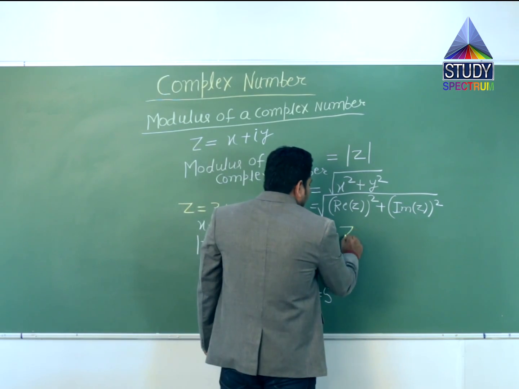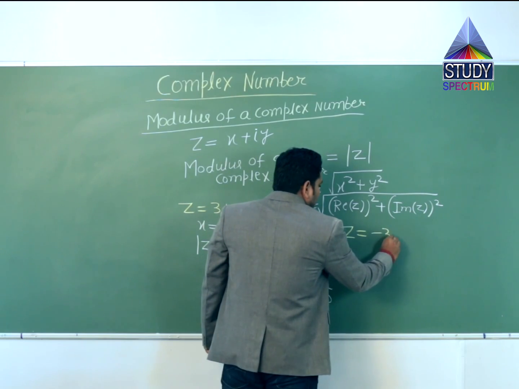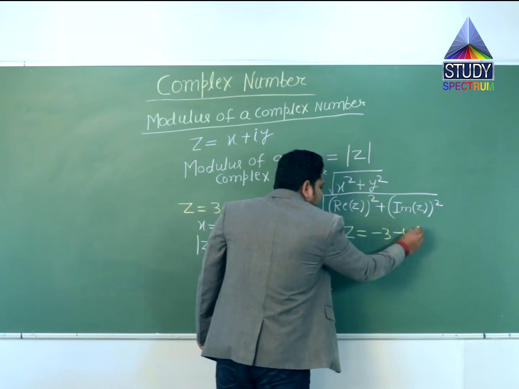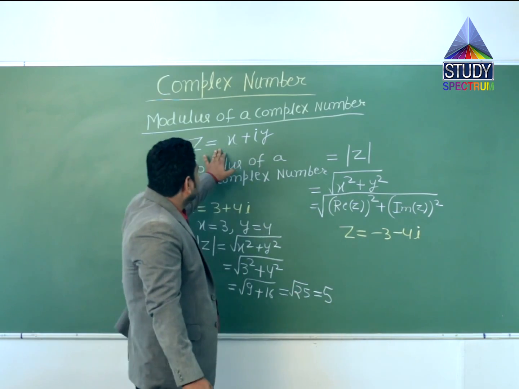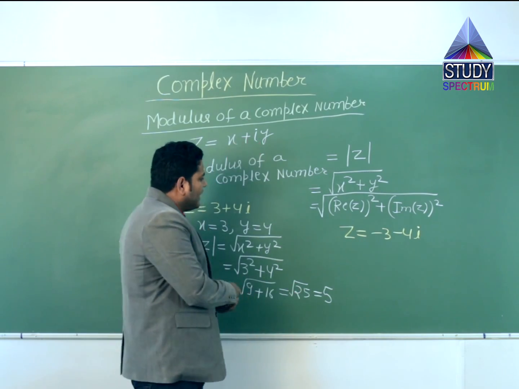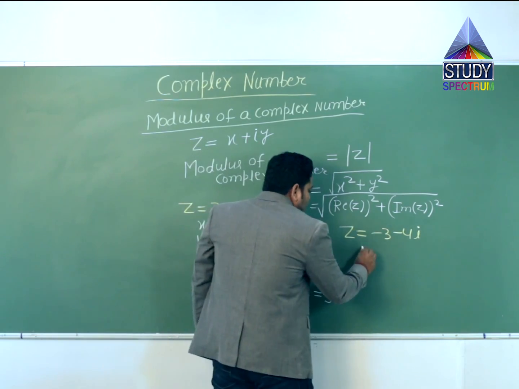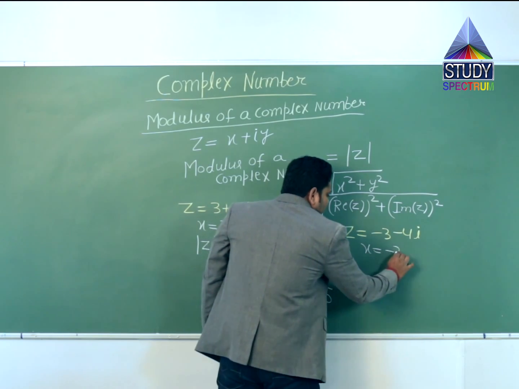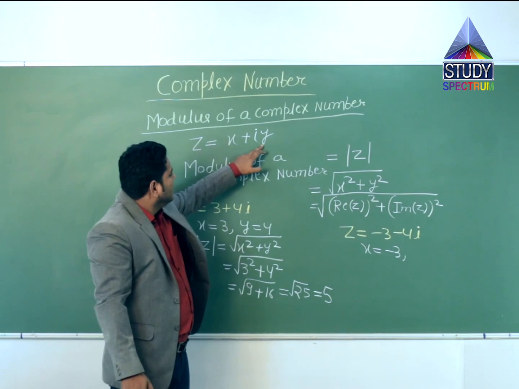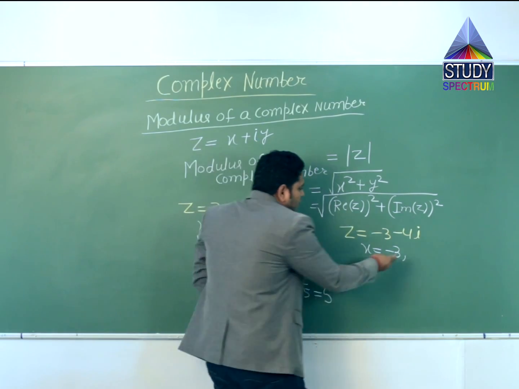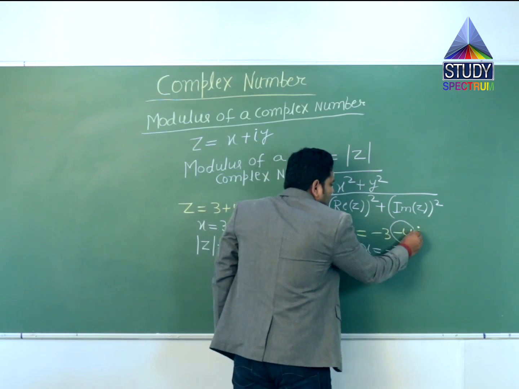Now let us take some other example. Suppose z is minus 3 minus 4i. Now compare this z with z equal to x plus iy, and you will find that at the place of x we have minus 3, and at the place of y we have minus 4.